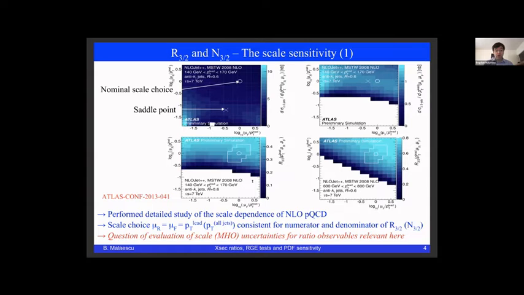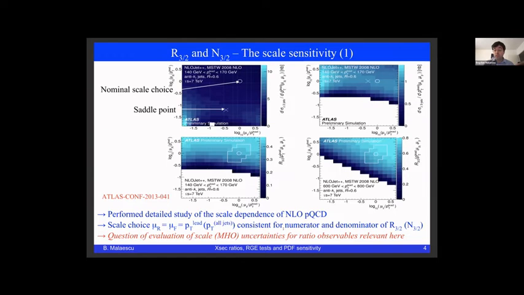The scale choice used here was the PT of the leading jet for the R32 observable. In the case of N32, it was the PT of each jet. And the scales were treated as correlated between the numerator and the denominator.